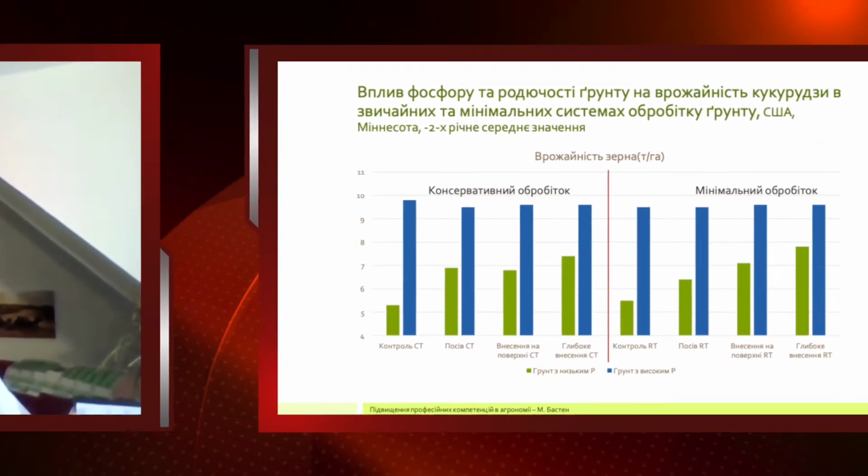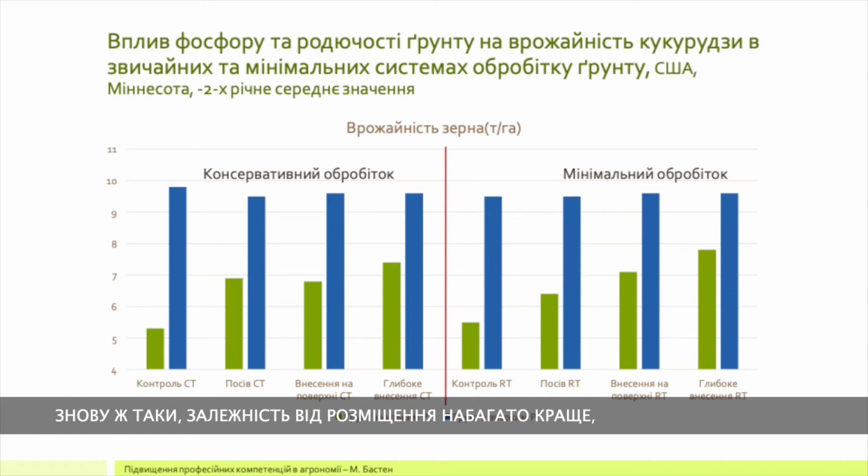In reduced tillage, it seems that in particular in low P soils, we get a good response to starter fertilizers. Again, the deep banding placement is much better than the broadcast or surface band applied fertilizer.